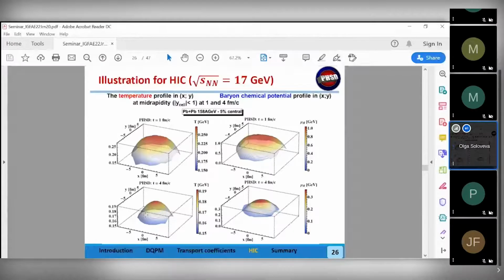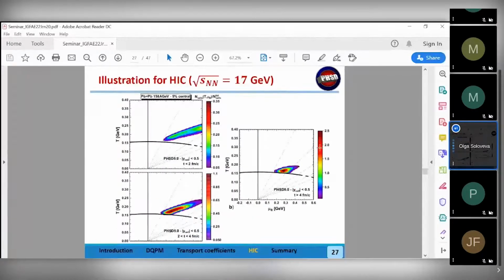So if we consider the evolution of the distribution in temperature and μB for different times, you can see here the distributions for QGP cells at mid-rapidity in the case of a light-light collision.